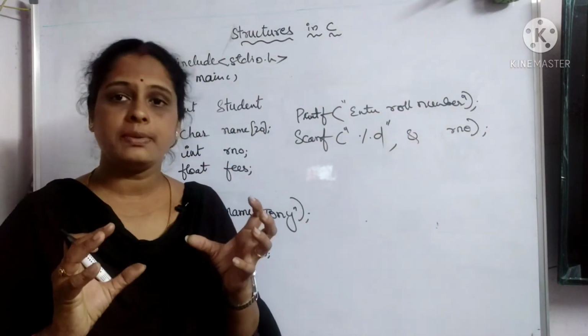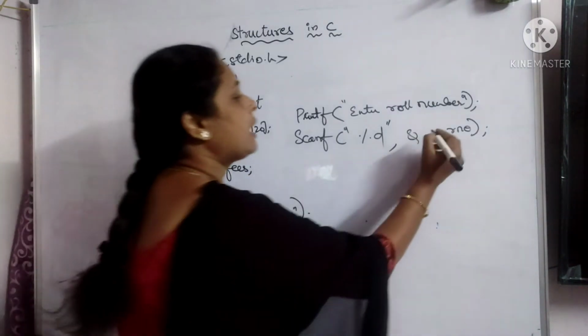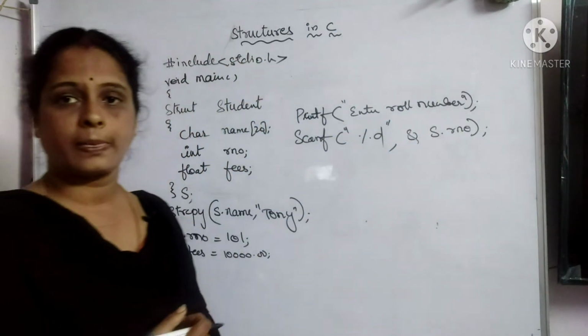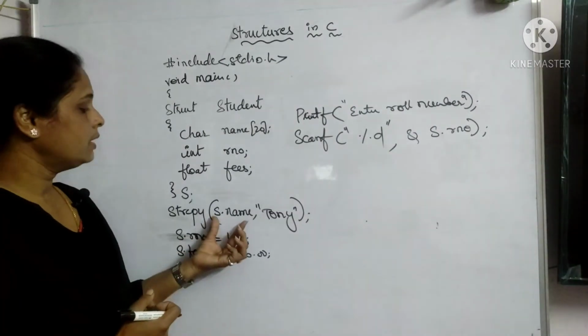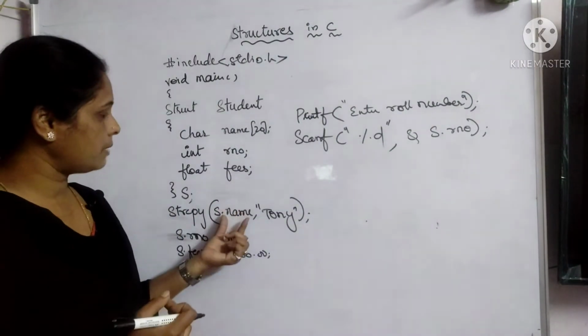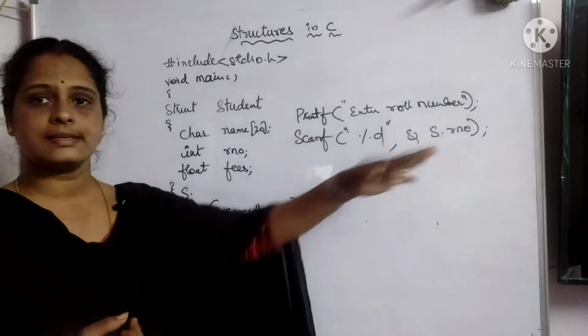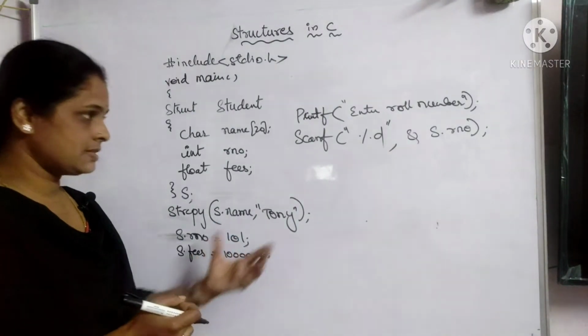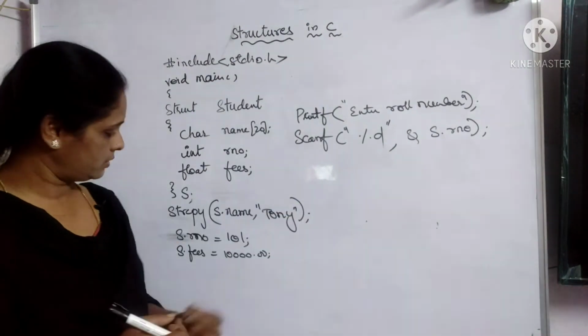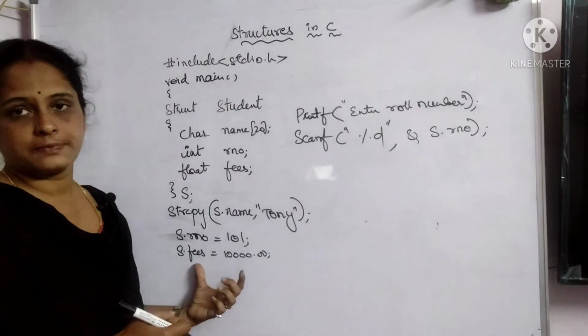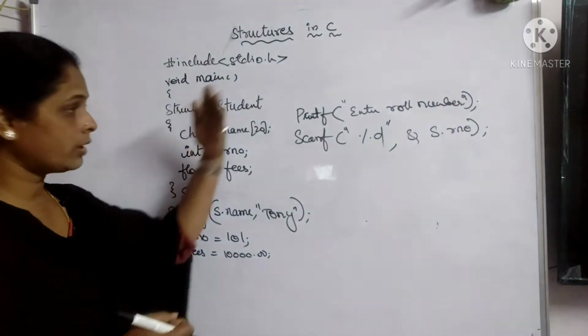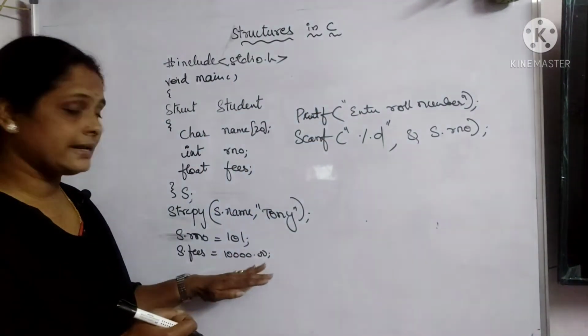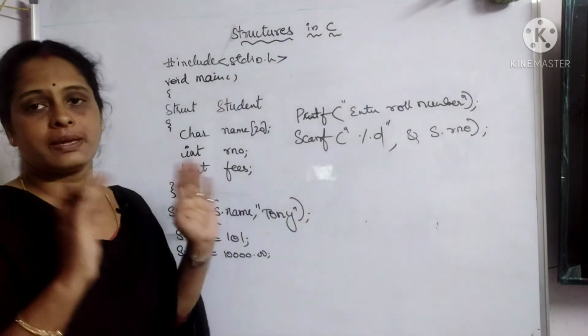But because roll number is enclosed within a structure, I need to give it like this. In the same way, if you wanted to accept a value into name, same thing again, percent s and S dot name. For fees, percent f and S dot fees. So here I am not accepting it at runtime, I am directly initializing it here.